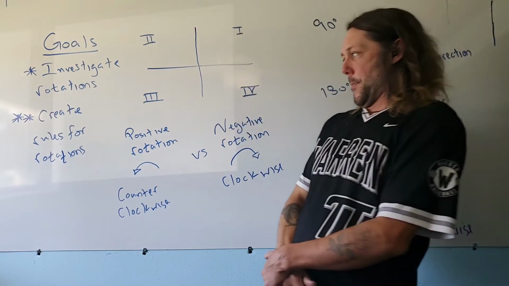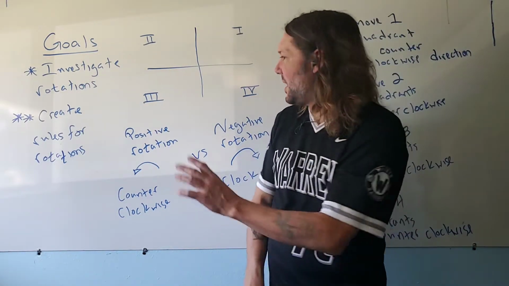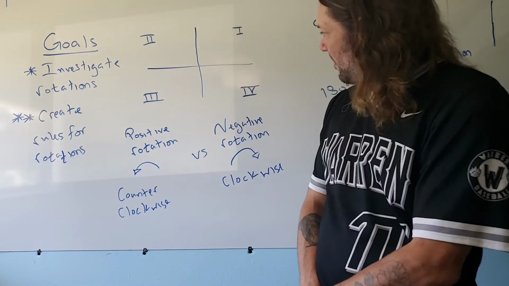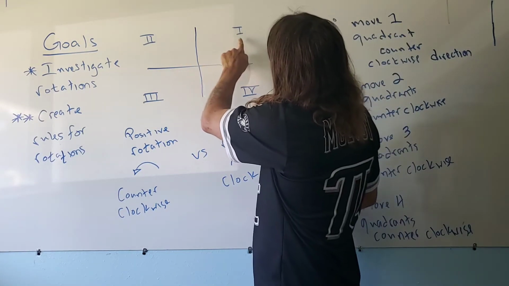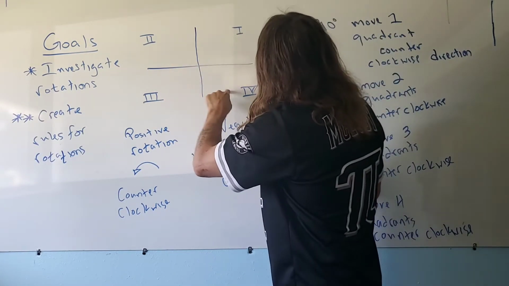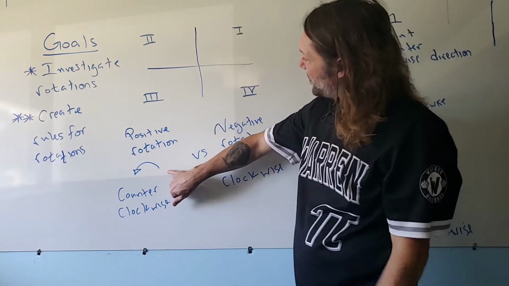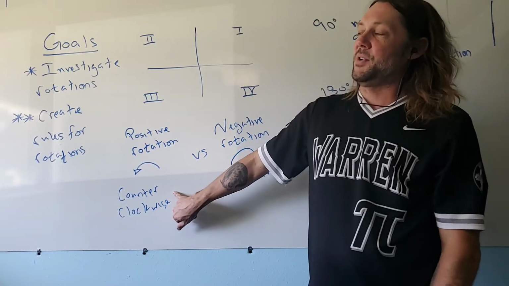Now, we have to differentiate between a positive rotation and a negative rotation. And the way that I remember a positive rotation is I remember the order of the quadrants: first, second, third, and fourth. So when I spin in this direction, that's actually considered a positive rotation, and we call that a counterclockwise rotation.